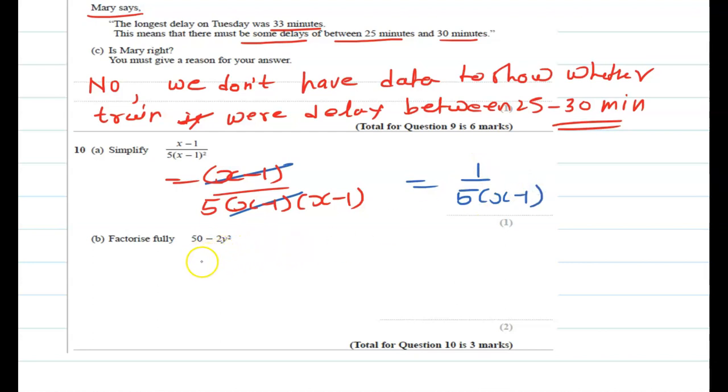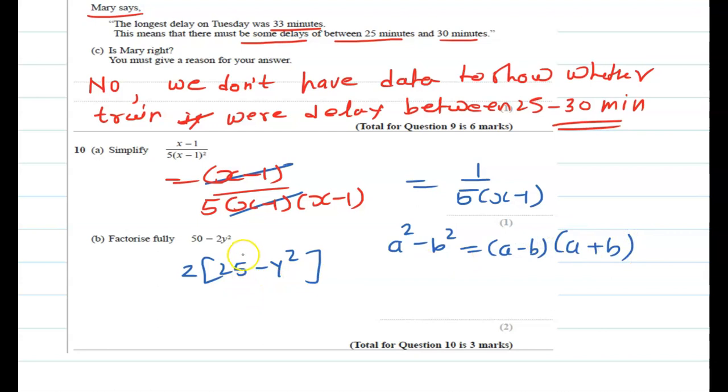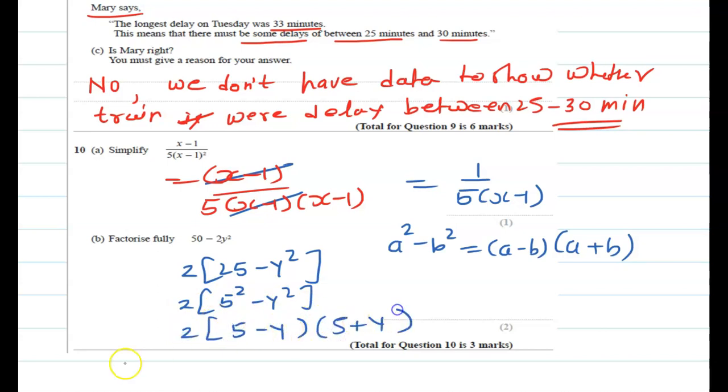Here 50 minus 2y squared, if 2 is outside, you are left with 25 minus y squared, and we know this formula, a squared minus b squared is a minus b times a plus b. So 25 is basically 5 squared, so 5 squared minus y squared, so you can write 2 times 5 minus y and 5 plus y.